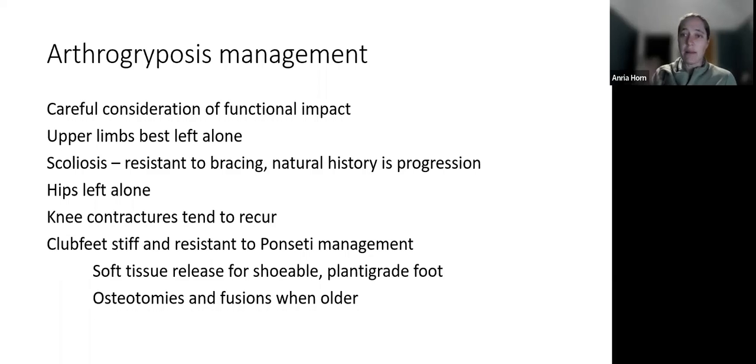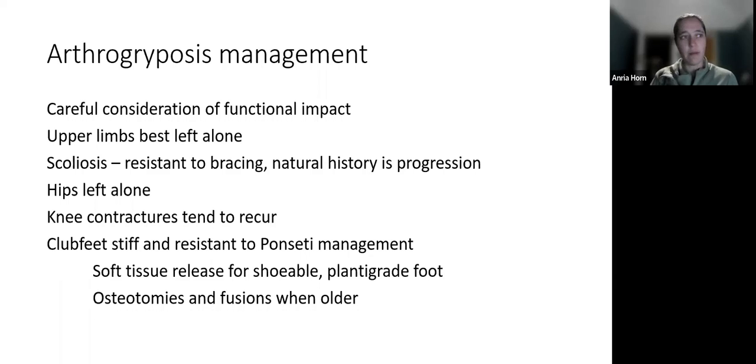And the club feet, they're very stiff and resistant to conservative management. So we usually do PMRs for those ones just to get insertable feet. But again, if you have a child that's, for instance, crawling, then a stiff plantigrade foot is less functional than a stiff club foot for crawling.